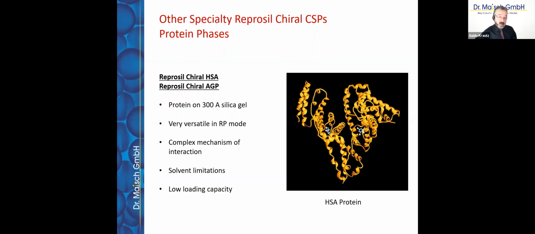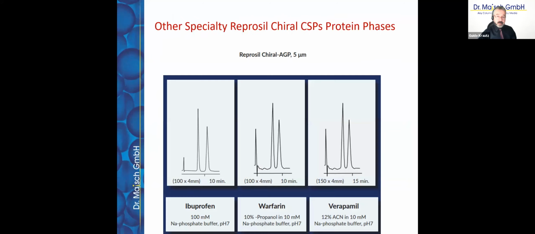Obviously, the interaction mechanism is complex with these proteins, and there are some solvent limitations. They are not scalable to prep because the loading capacity is pretty low. Here are 3 examples on the ReproSil Chiral AGP with ibuprofen, warfarin, and verapamil, all in reverse phase conditions.